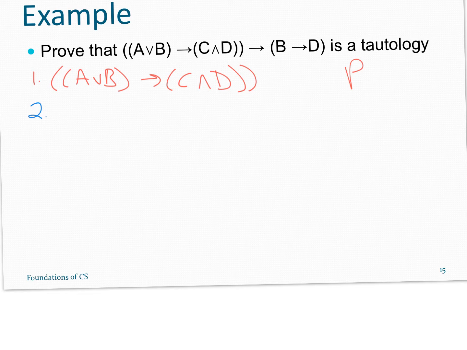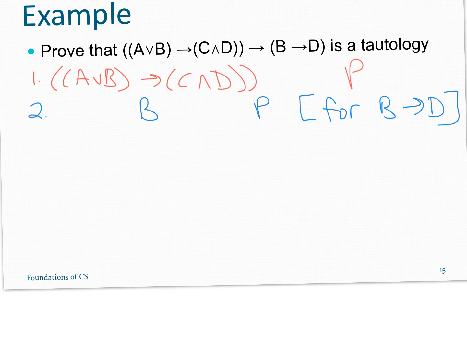I could assume the negation of this piece if I wanted to try an indirect proof, but I don't think that's going to work for me. So I'm going to assume B as my premise, and again, the book would write something like for B implies D, just telling you here's why I'm doing my subproof.